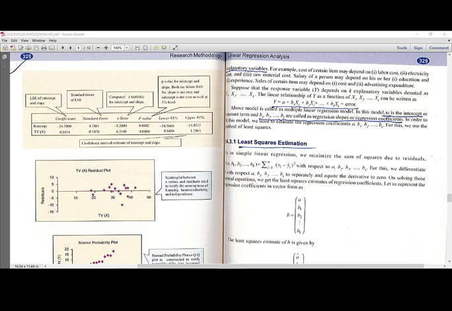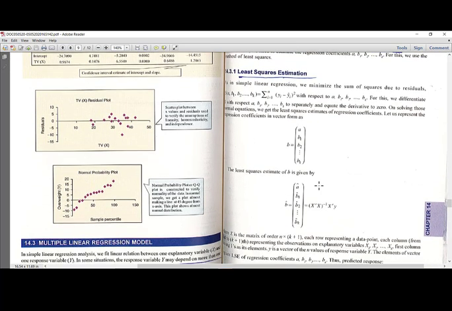In this model, a is the intercept or constant term, and b1, b2, etc., bk are called regression slopes or regression coefficients. In order to fit this model, we need to estimate the regression coefficients and the constant. A is the constant, and B1 to Bk are the regression coefficients. For this, we use the method of least squares.